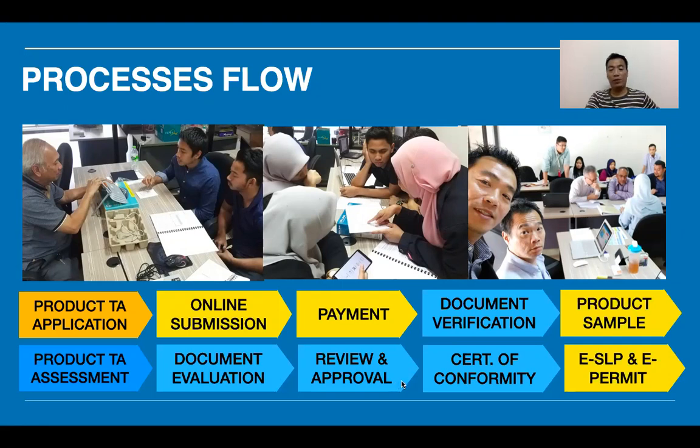And with that, we will provide you the e-certificate of conformity, which you can use to do your self-labeling program to register all your shipment units, IMEI or serial number, and to proceed further for your shipment approval, which we call the e-permit.